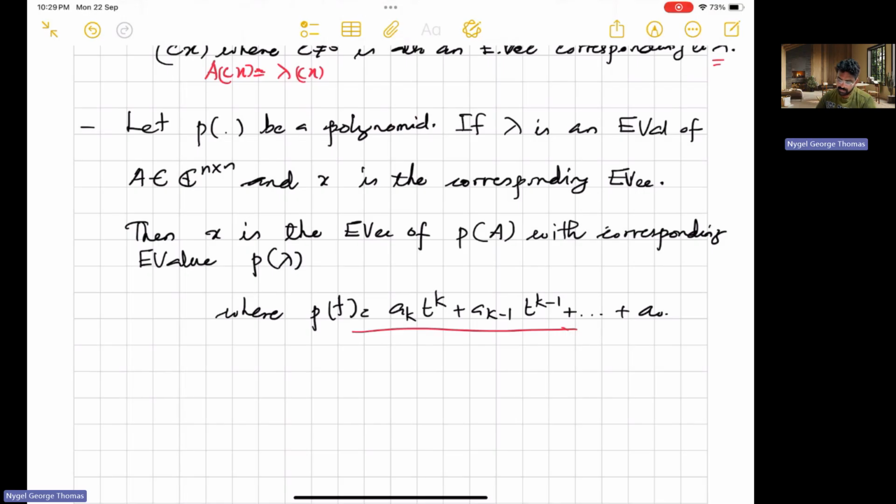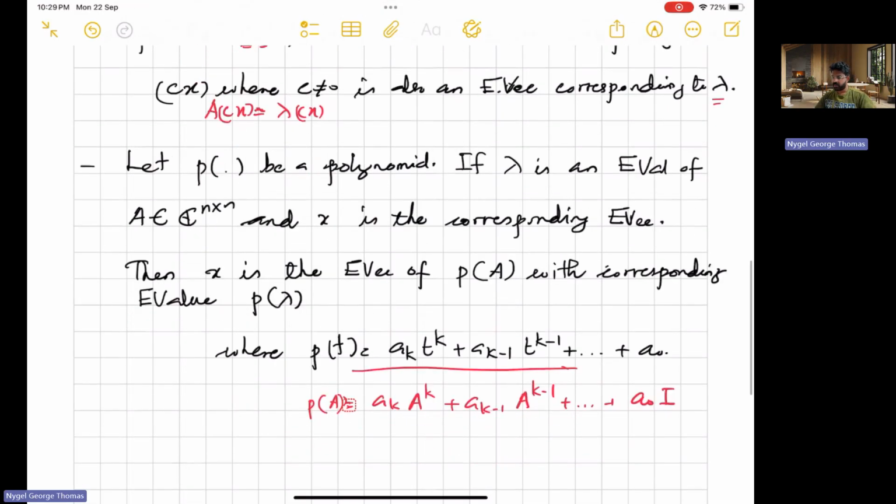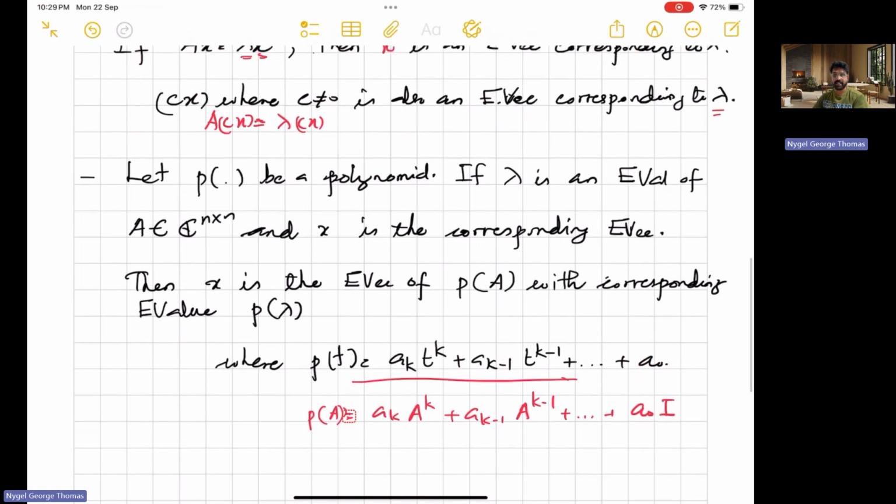Then consider p of A. p of A is written as a_k A raised to k, where A raised to k is conformable with A. If A is n cross n, then A raised to k is also an n cross n matrix. Plus a_(k minus 1) A raised to k minus 1, plus etc., plus a_0 into I. This is how we define p of A, which is another matrix.